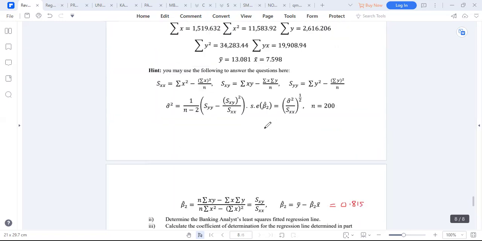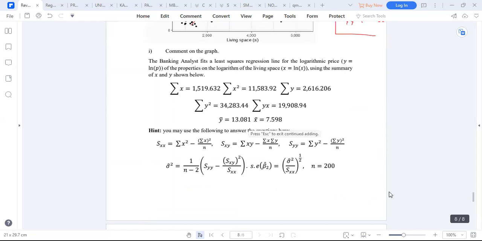Now, for the standard error, we've been given the formula. What's the formula for the standard error? Isn't it the same one?